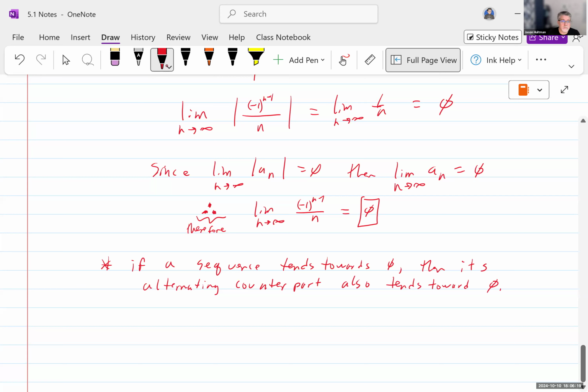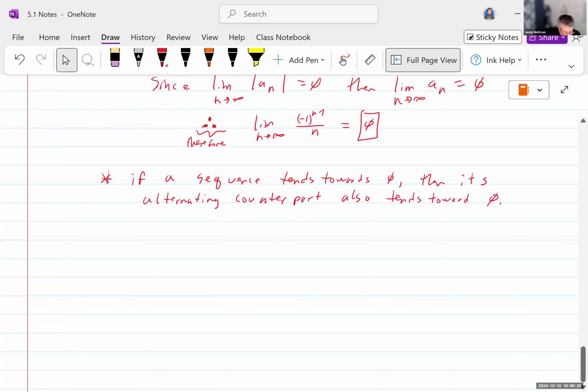So it doesn't matter if we make the terms alternating in sign or not, it will still tend towards 0.